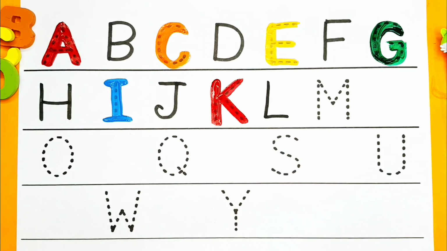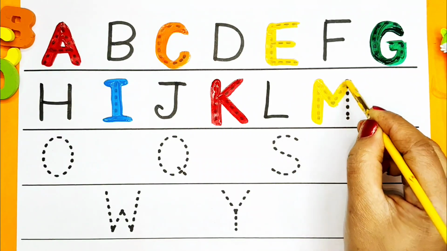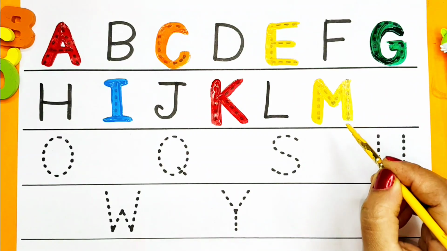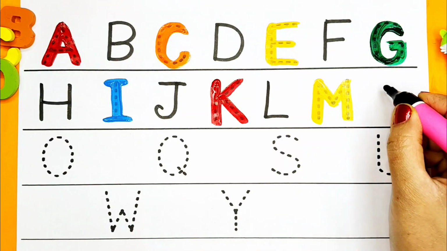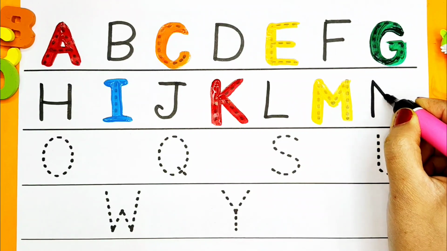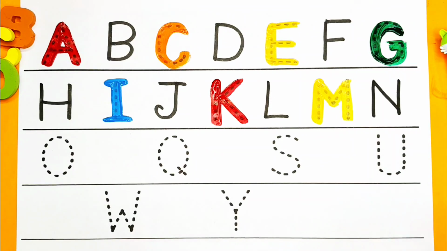L for lion. Yellow color. M for monkey. Missing letter. N for nose.